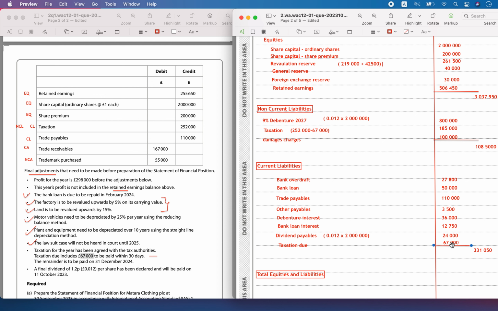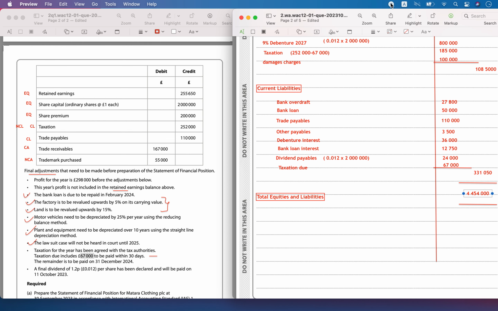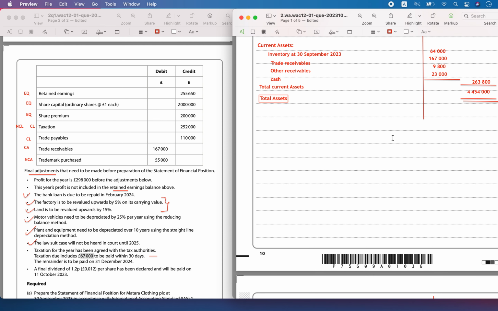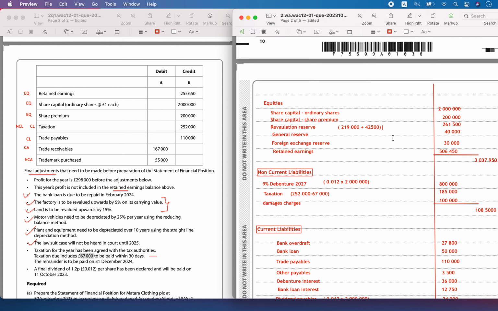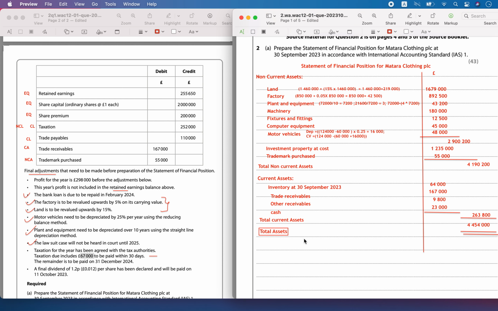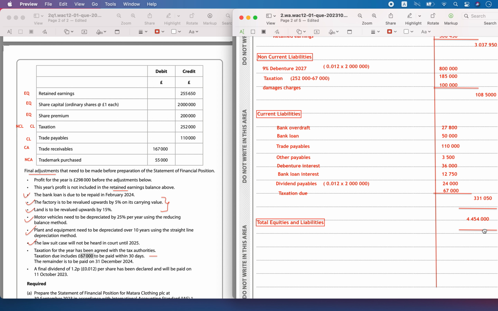That is going to be equal to 4,454,000. So now we can see that the total assets is balanced against the total equity and liabilities.